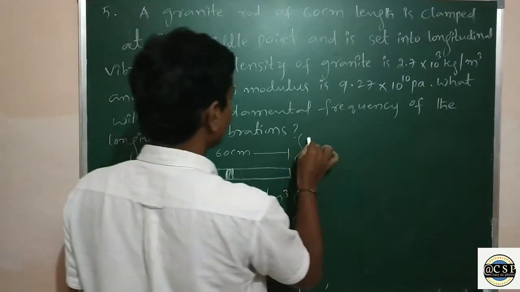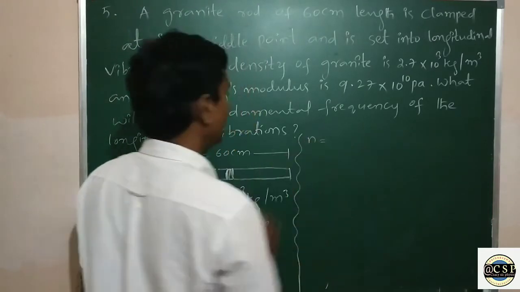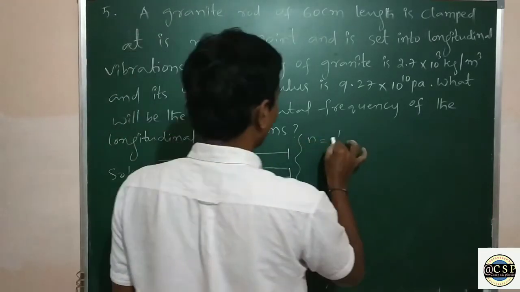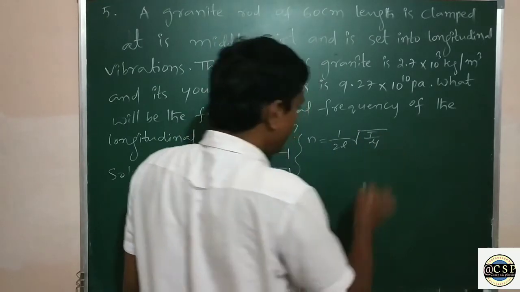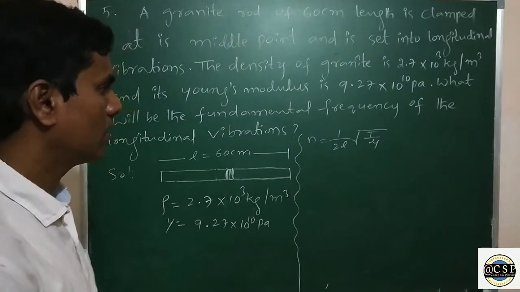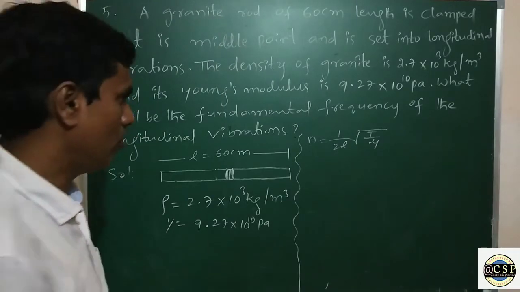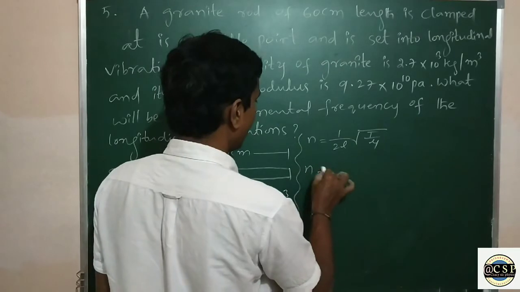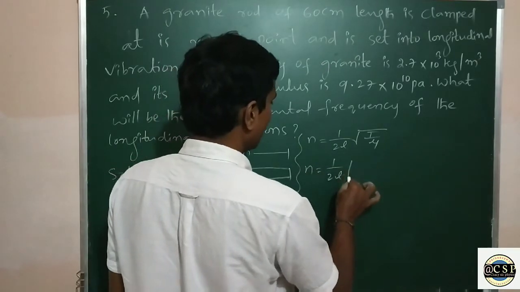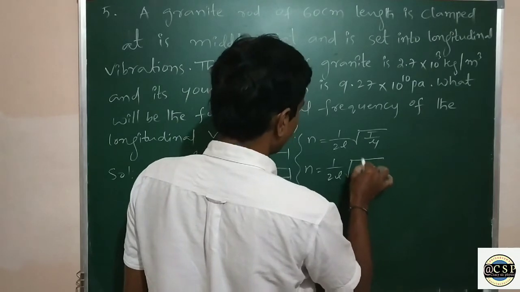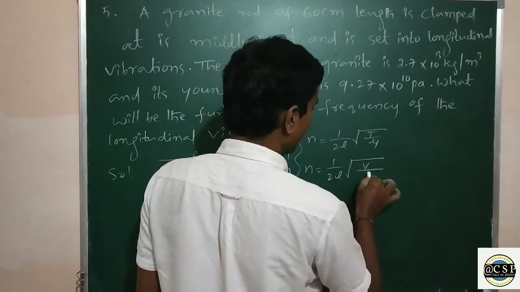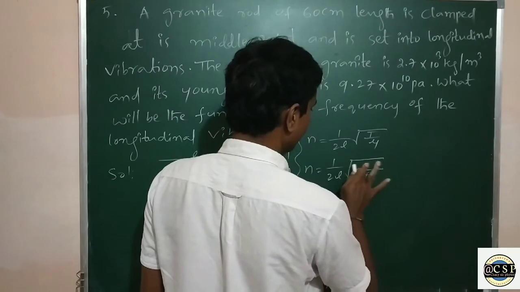Here, we know the fundamental frequency, that is n is equal to 1 by 2L root T by mu. In the place of T and in the place of mu, we can write it here. n is equal to 1 by 2L and a root Y divided by rho.